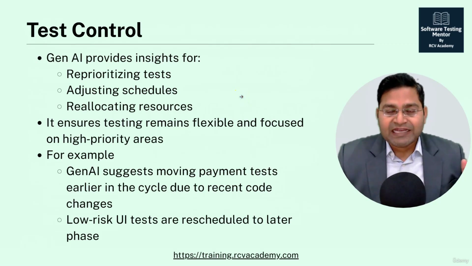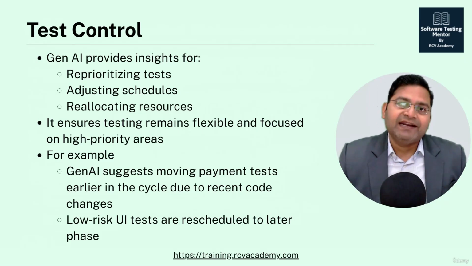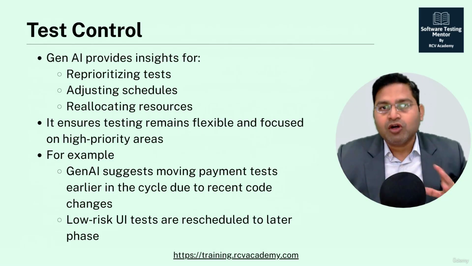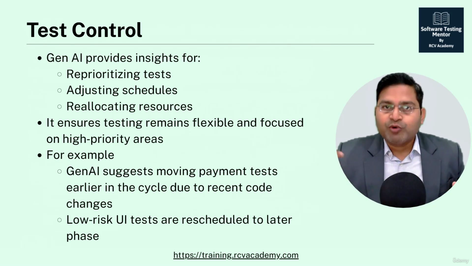Say for example, as per the current schedule, you are not halfway through and there are many test cases still remaining. Gen AI can suggest either adjusting the schedule or adding more resources to finish the testing within time. Automatically all this can happen, and it can provide you the suggestions or alerts. It can suggest the reallocation of resources. So these are some of the control measures of how Gen AI can help.